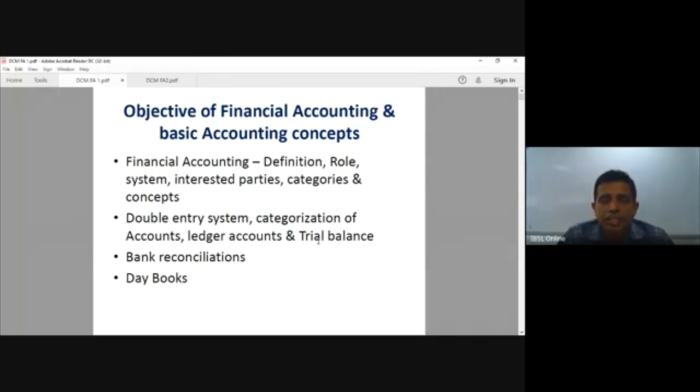If you take a company also, you have hotel industry, tourism, different kinds of industries. For each of these industries, they prepare the financial statements.